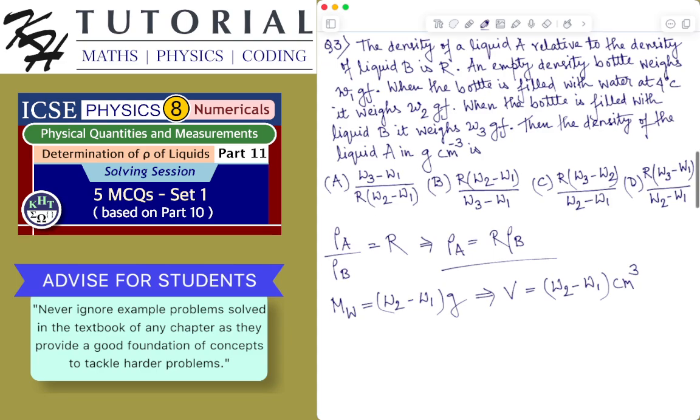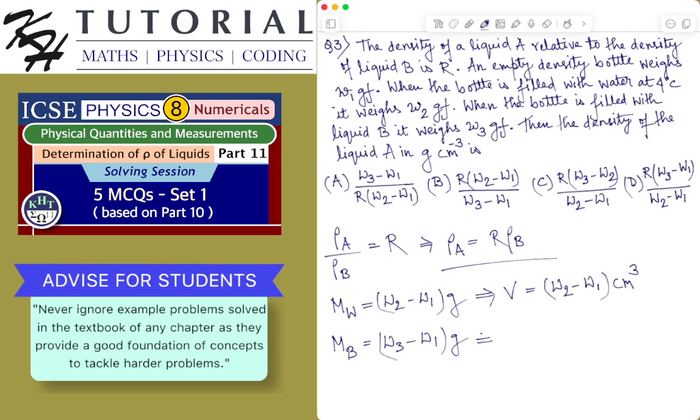Now, it is also given when the bottle is filled with liquid B, it weighs W3 gram force, which means that the mass of liquid B having a volume equal to the volume of the density bottle is W3 minus W1 gram. This is the mass of the liquid B that is completely filling the density bottle.